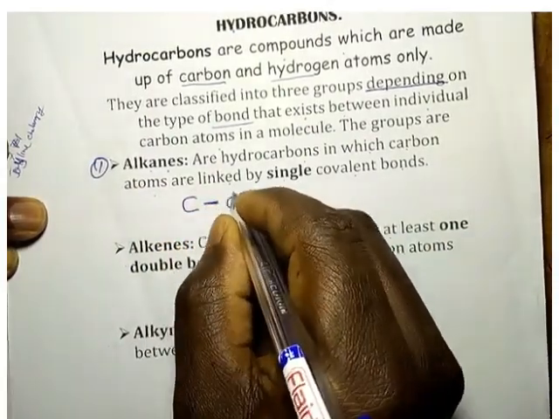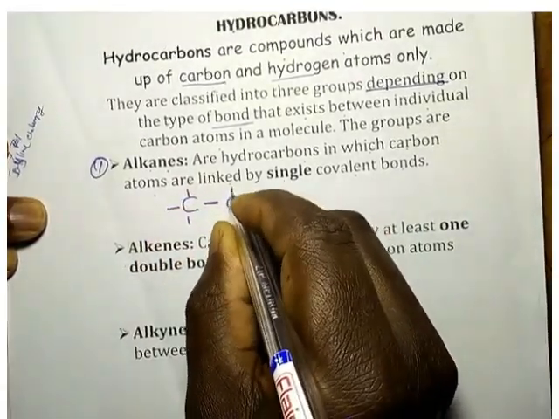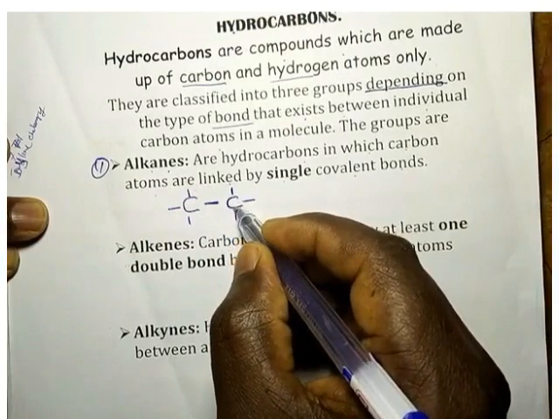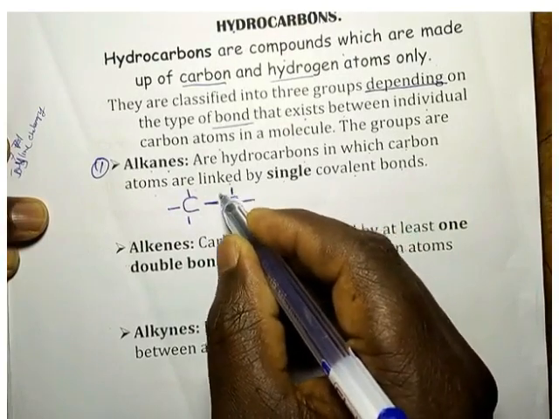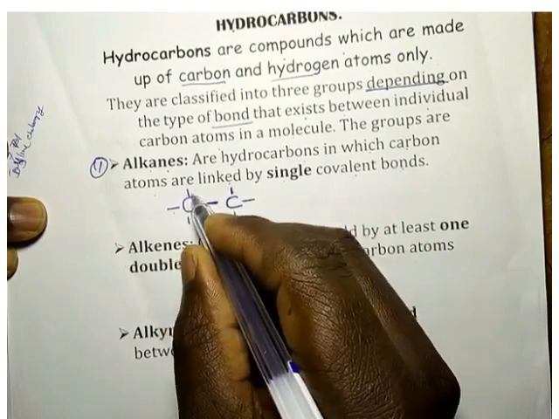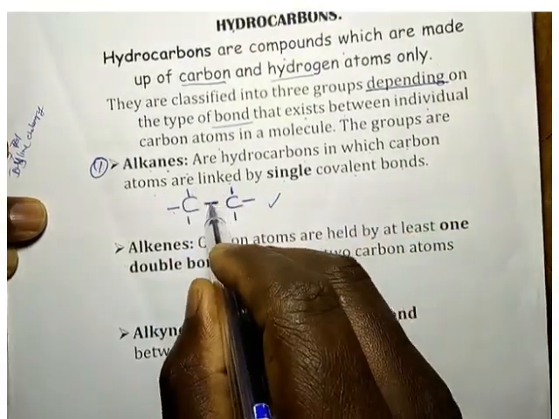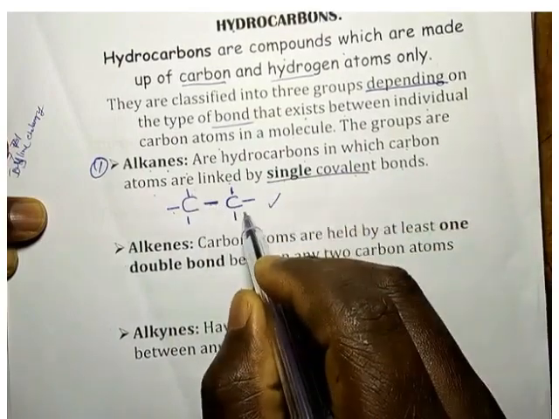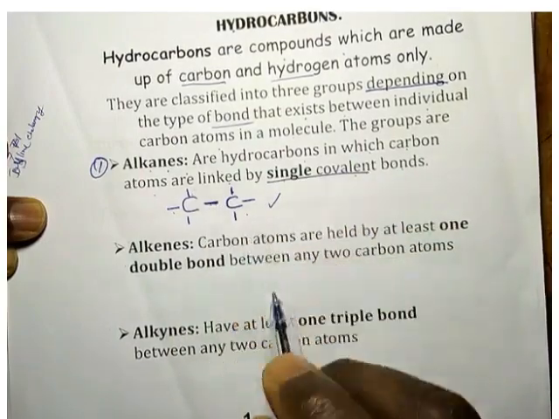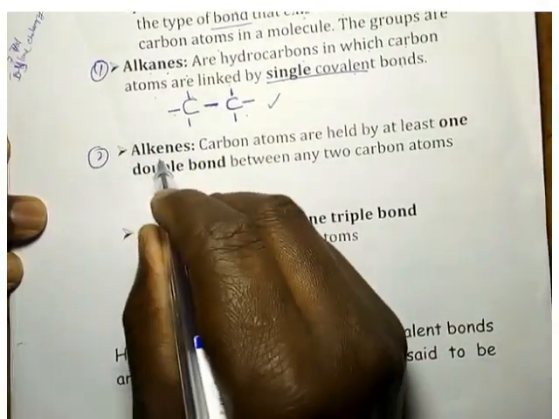So we will have it like this, where every carbon atom must be surrounded with 4 covalent bonds: 1, 2, 3, 4. So this one is an alkane. Alkanes have a single covalent bond.